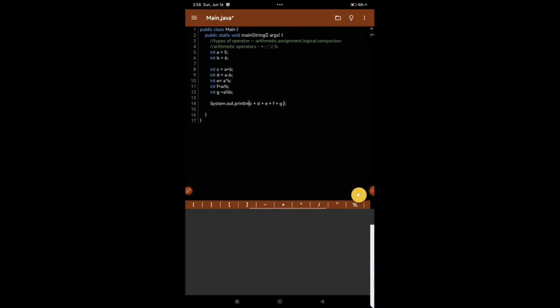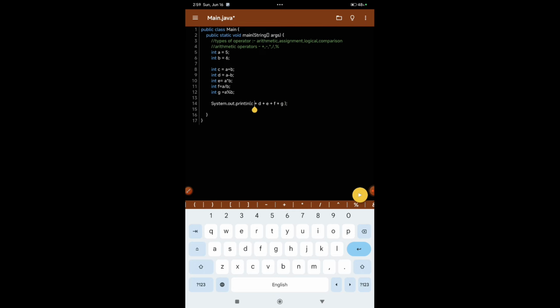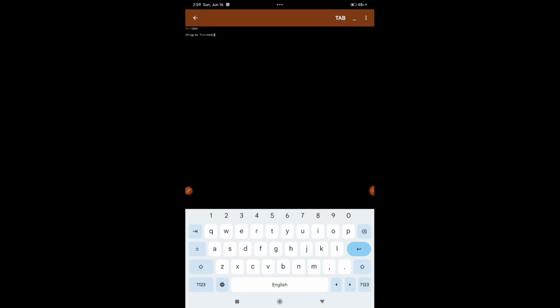One error will occur. Everything was printed together. I have to put here inverted commas in order to separate things. Now everything will be separated.